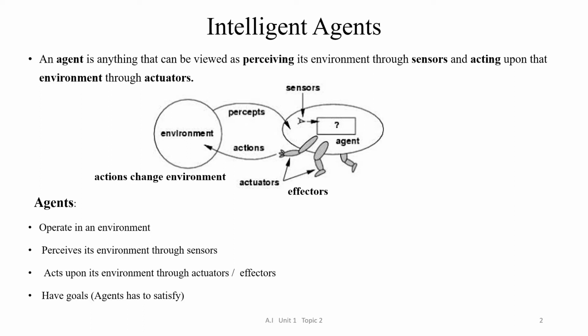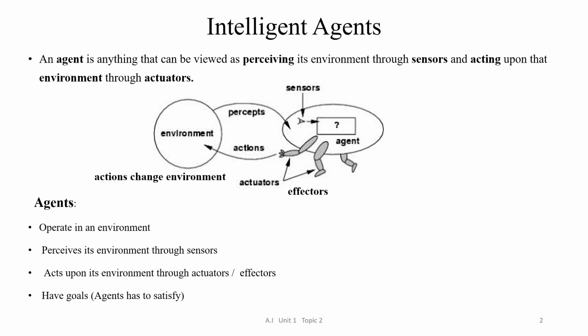That means, for example, if you consider an agent as a person, he can see, he can hear, or by providing inputs to the environment, he perceives about the environment and does some actions through actuators.